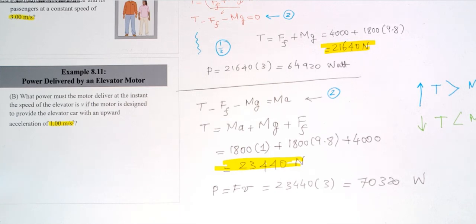Yeah, in a real situation, at the beginning you have acceleration, but then that acceleration will become 0. Yeah, if it is accelerating from 0 then it's a different story.